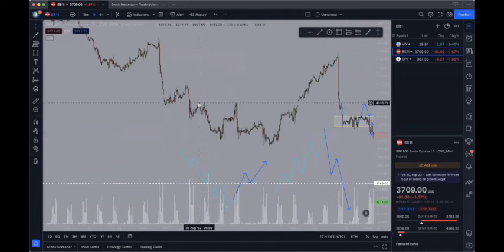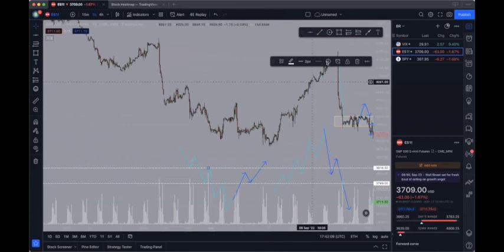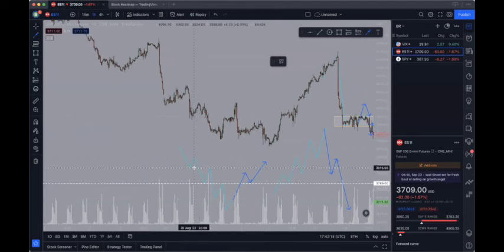This is where market structure would have been broken, correct? So some people probably took calls here, right? Because they saw this lower low broken, which would be, for this example, the same thing as taking calls when this level broke here.